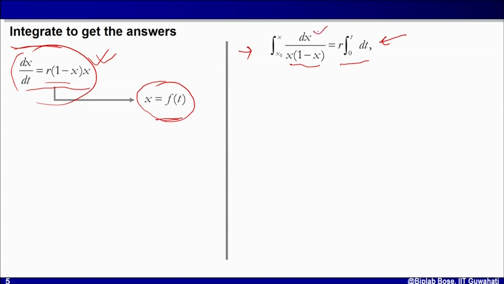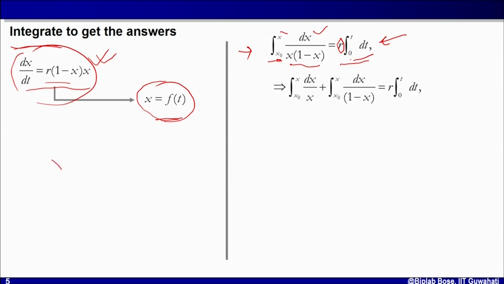This dx by x(1 minus x) has to be integrated from x naught to x. Remember, x naught is the initial value of x. And I have to integrate dt from 0 to t. And remember, r is a constant. That's why I have taken it out of the integration sign. This type of integration is very simple. I can do some algebraic rearrangement.